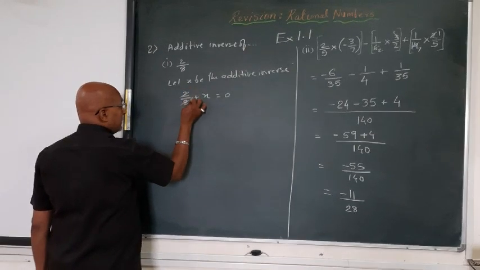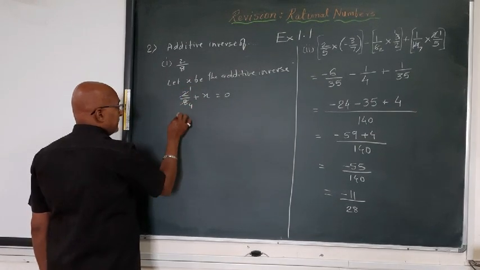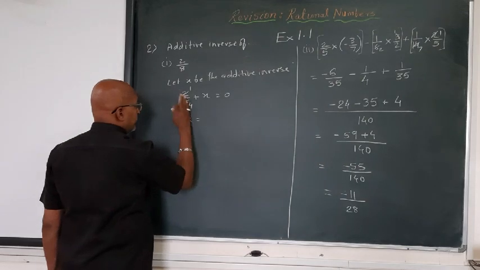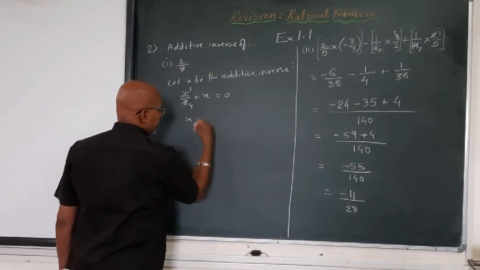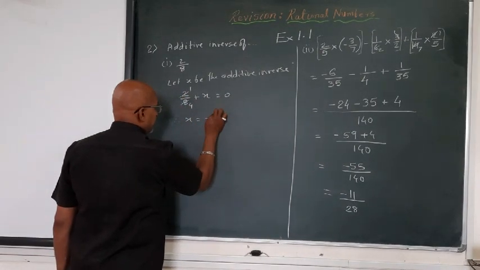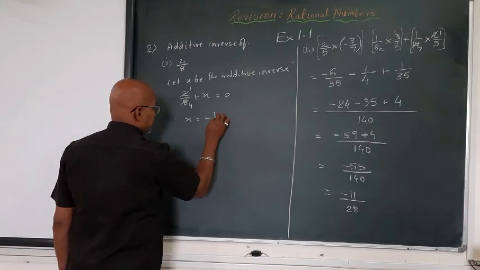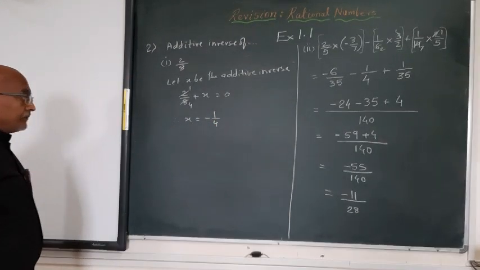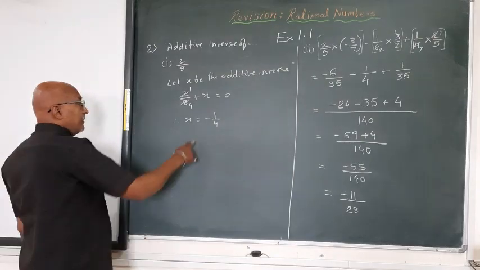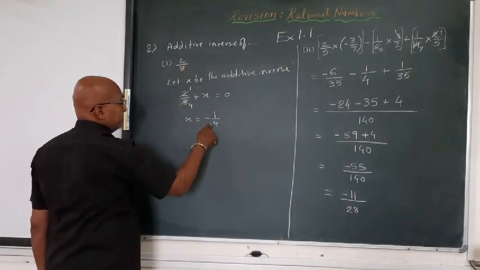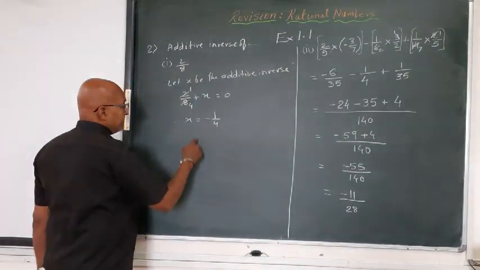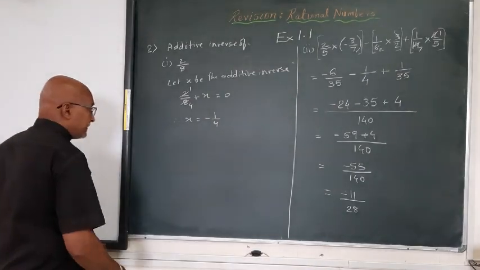Now here you can cut down 4 and 1. Therefore x will be equal to minus 1 by 4. So when you add 1 by 4 to this, you will get 0. So this is called the additive inverse.